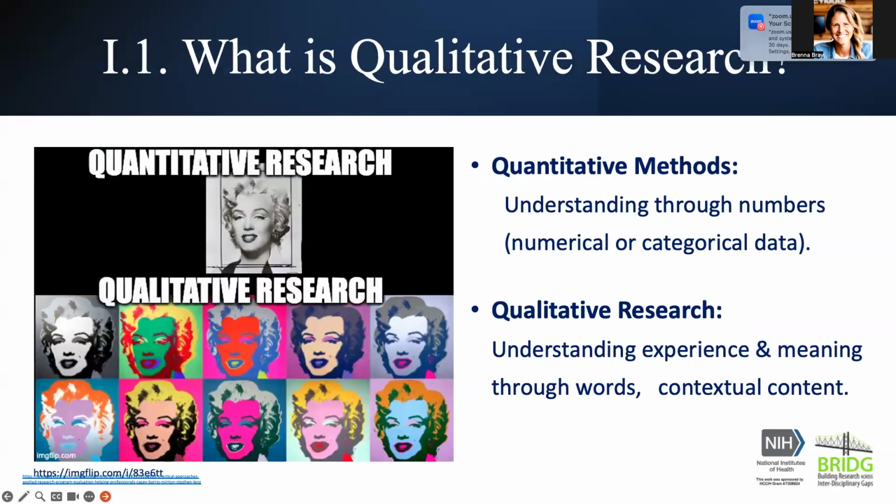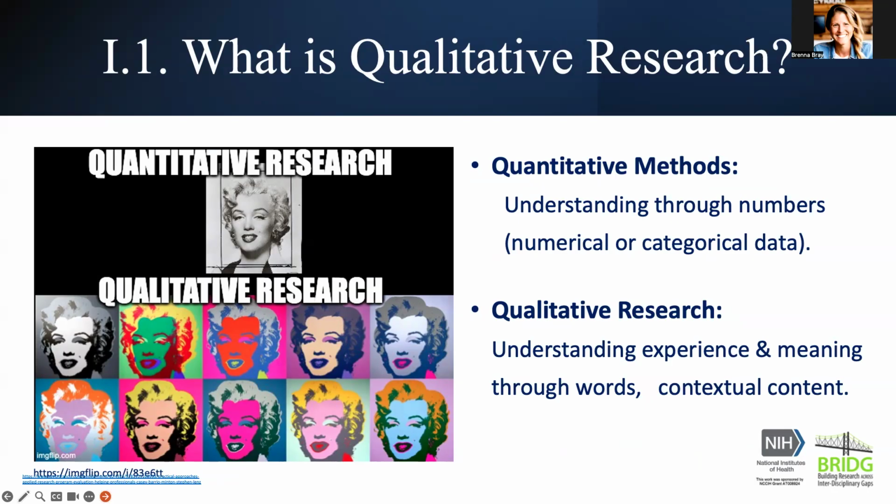All right, so what is qualitative research? When we think about research broadly, we can categorize research into 2 main types, quantitative and qualitative. Quantitative research or quantitative methods really seek to understand different phenomena through numbers, right?